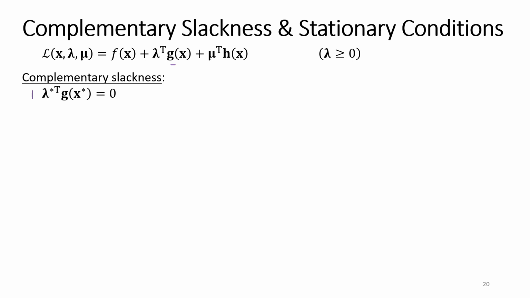So lambda star transpose g of x star equals 0 implies that in terms of scalars, summation over i of lambda i star g i of x star equals 0. Which means that for all indices i, each term of this summation, which is lambda i star g i of x star, must separately be equal to 0.